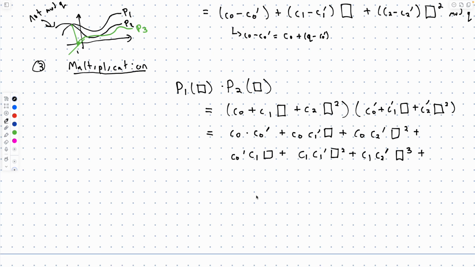And then I'll do this last one. So I have C2 times C0 prime box squared plus C2 C1 prime box cubed plus C2 C2 prime box to the 4. Okay, so I do the long multiplication when I multiply two polynomials together.